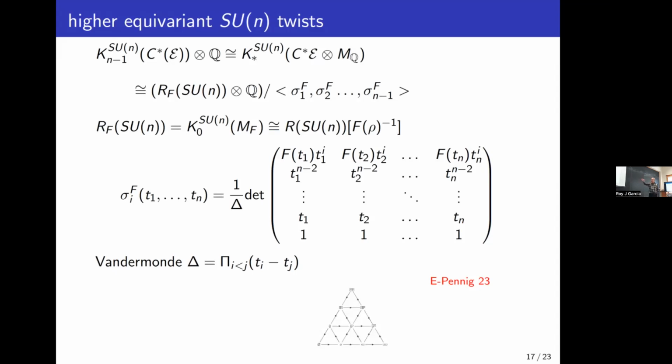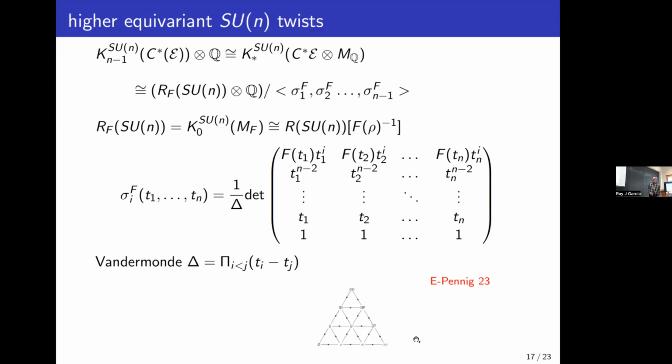And again, it's given by these localized rings, divided by an ideal given by these checkpoints. So for SU3, you can either think of the ideal as being given by things which kill these things coming down here, or just two coming across here.